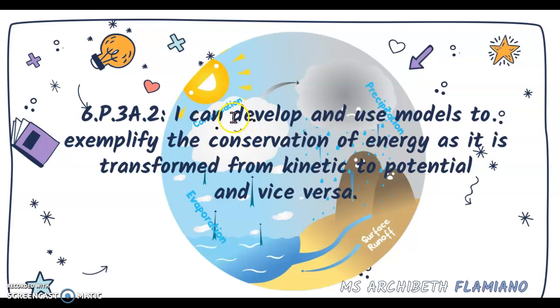So our verbs are developed and used. That means you're going to make your own model, or you're going to use the model presented so you can exemplify how energy is being conserved as it is transformed or changed from kinetic to potential and potential to kinetic.